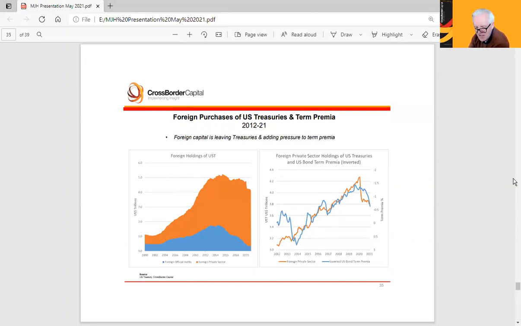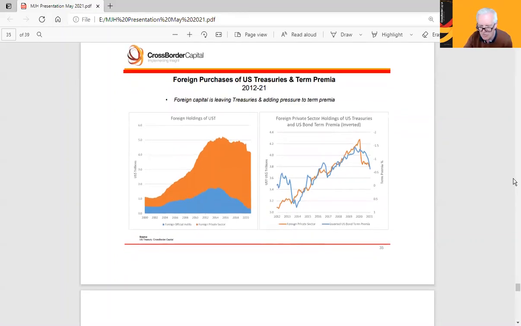In other words, take that as a measure of the yield on US bonds, a component of the yield inverted. So as foreigners have sold, what you've seen is an increase in term premia. In other words, an increase in US yields. The more that foreigners sell, the more you're going to see term premia and yields rise, and that is an unhealthy backdrop to markets.